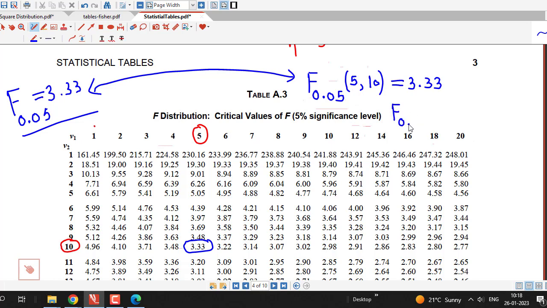They write in a continuous way: first the level of significance, then numerator degrees of freedom, then denominator degrees of freedom. Some sources consider small f also. Instead of capital F, they write f suffix 0.05, then numerator degrees of freedom, denominator degrees of freedom, and this we have obtained as 3.33.